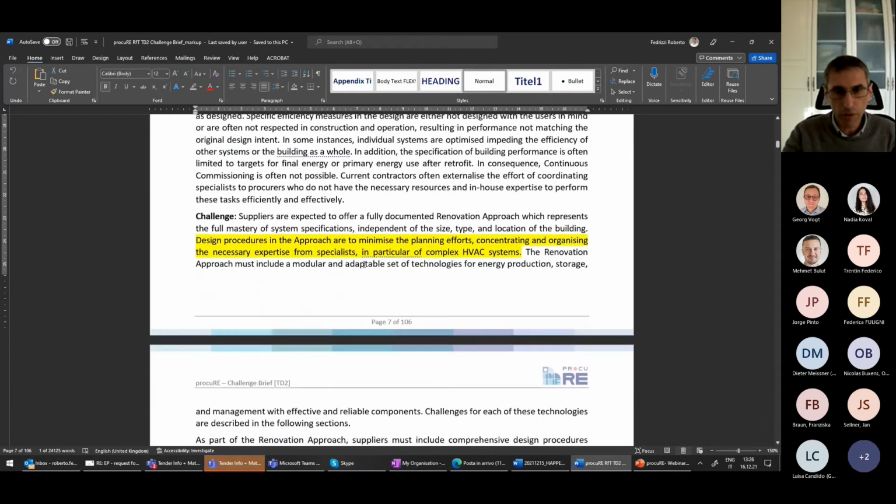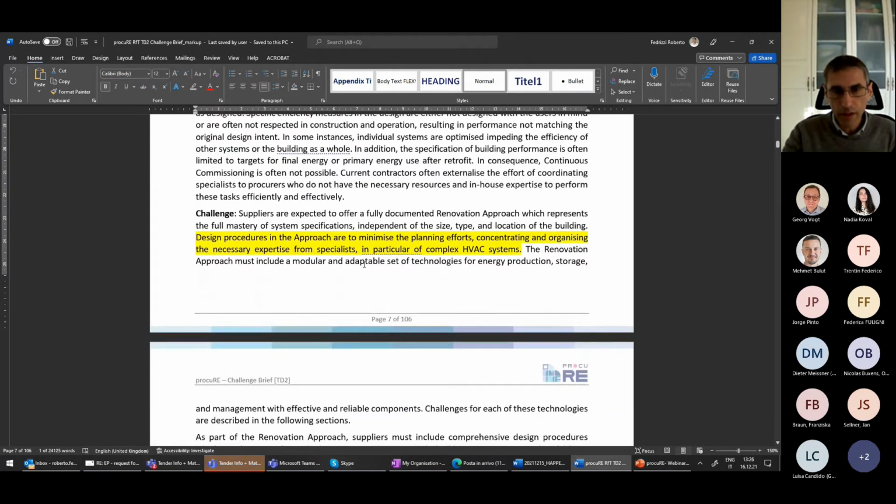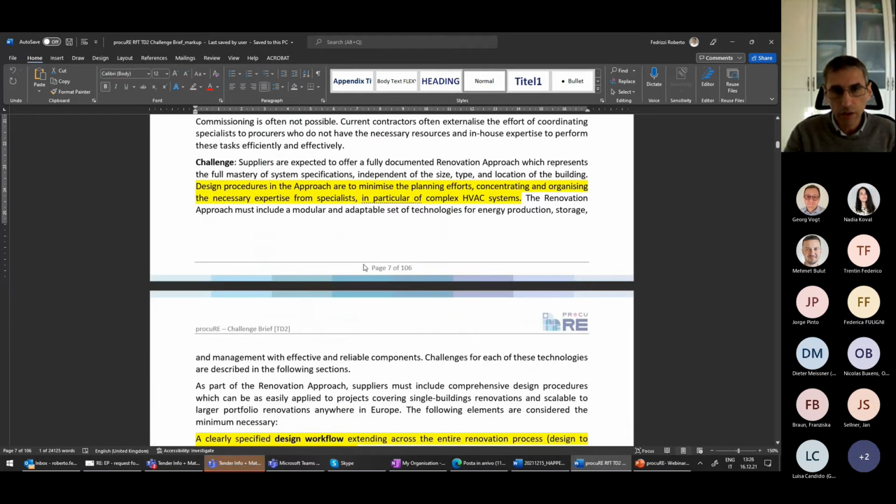Design is disregarded most of the time, and again, the interaction of the planners with the procurers is disregarded most of the time, which means the expectations of the procurers are not met in the end.